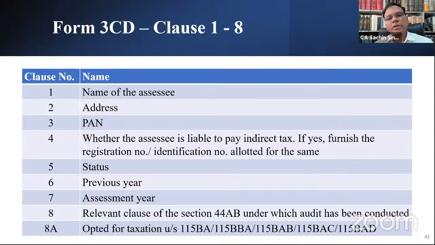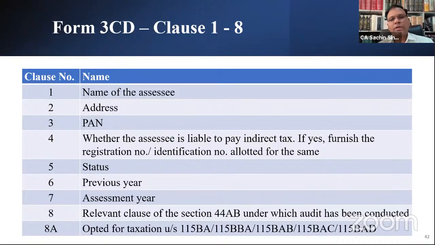As a tax auditor, am I responsible for verifying whether he is liable for indirect tax or not, because it expands the scope of our work? While doing the audit, we would have to verify whether the SSC is liable for indirect tax or not.